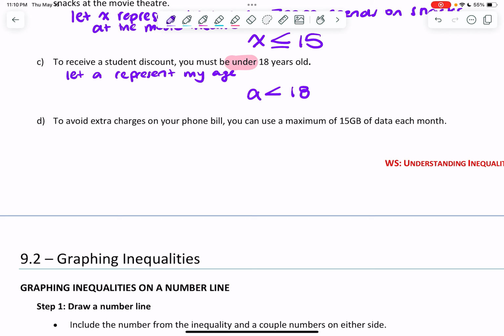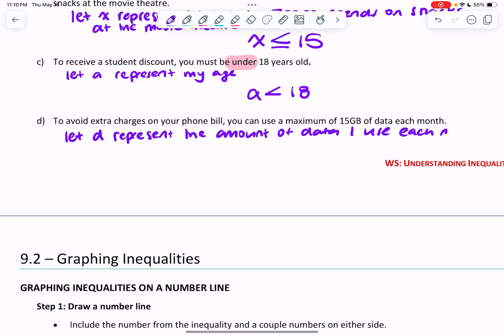Okay, so my statement here says, let D represent the amount of data I use each month. And it says the amount of data I use is a maximum of 15 gigabytes, so less than or equal to 15. Okay.